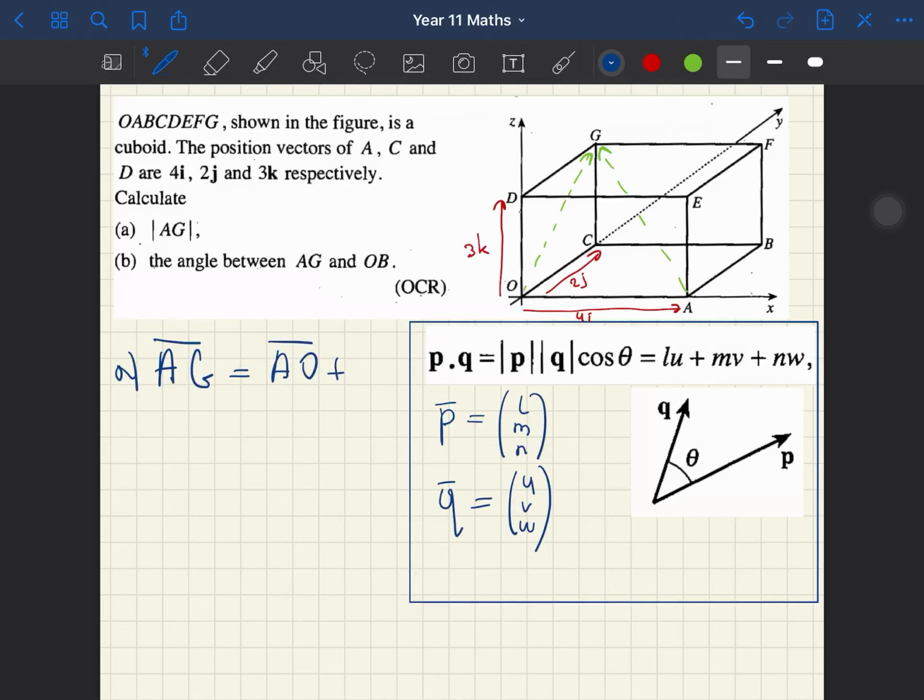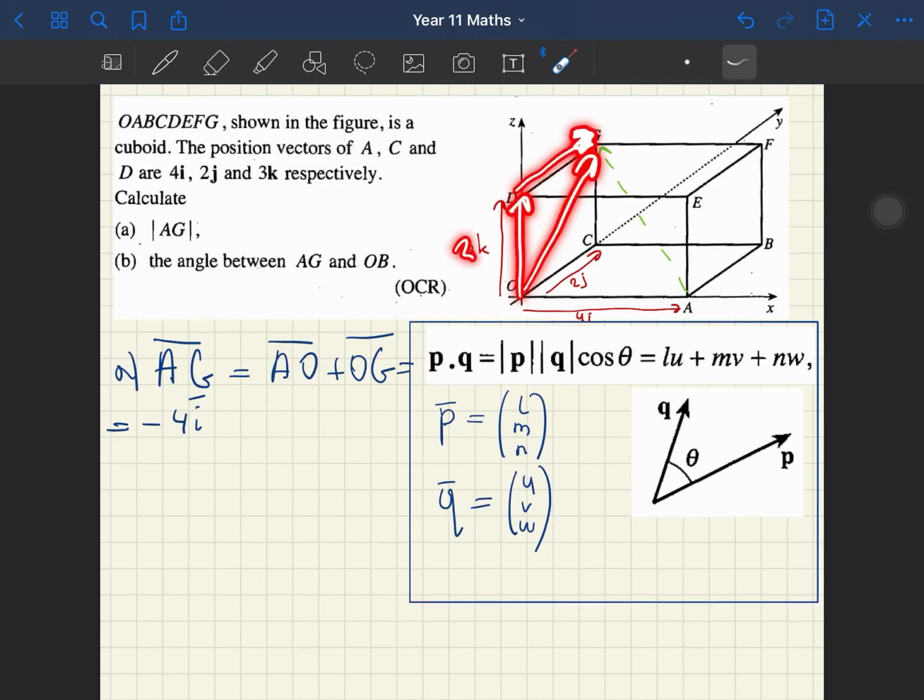AO plus OG, which is equal to, so AO is minus 4i, like this. And OG is OD plus DG, which is 3k plus 2j. DG is the same as OC, so DG equals 2j.